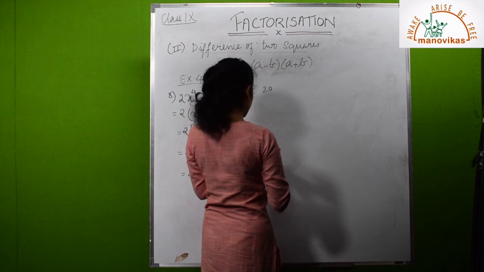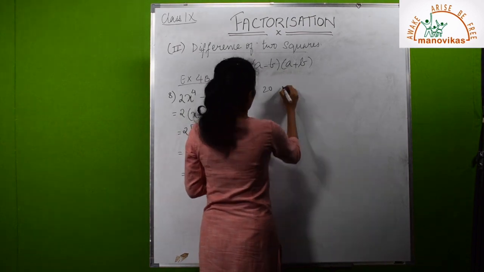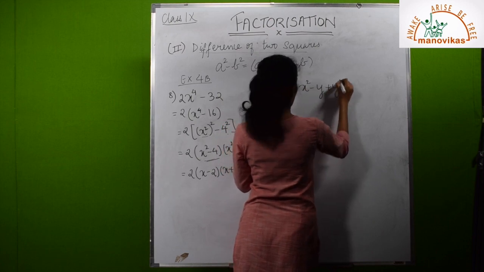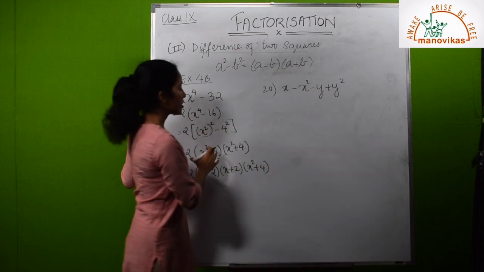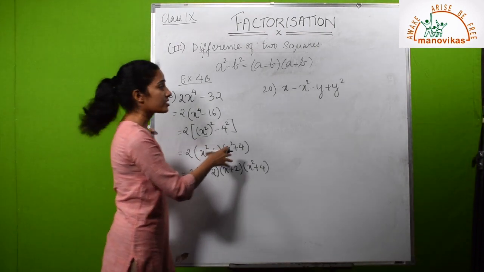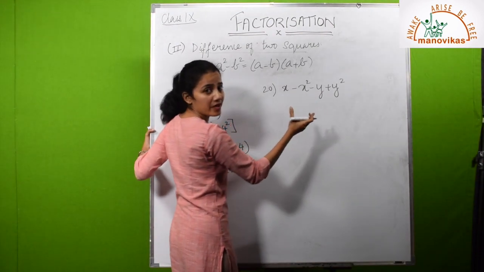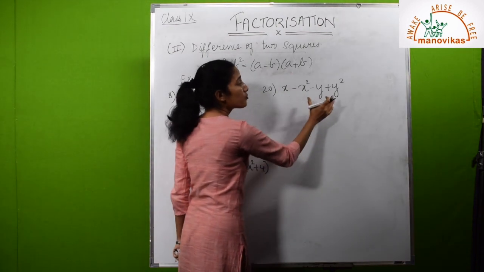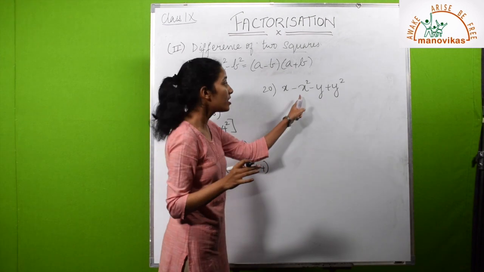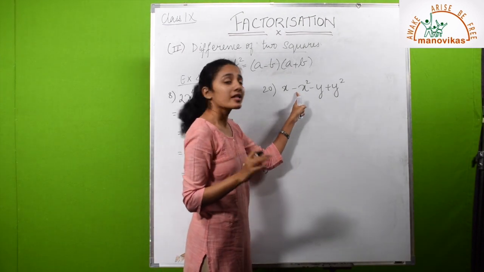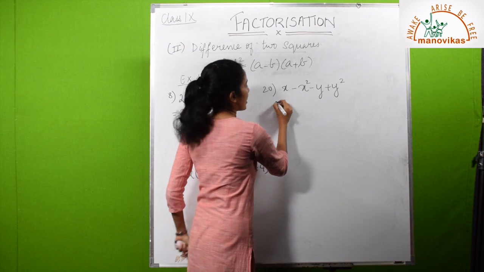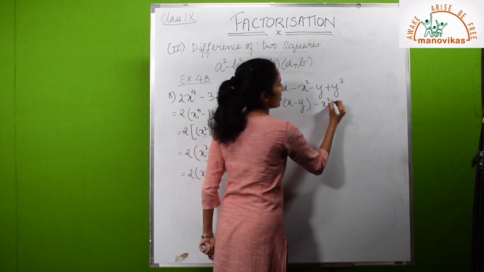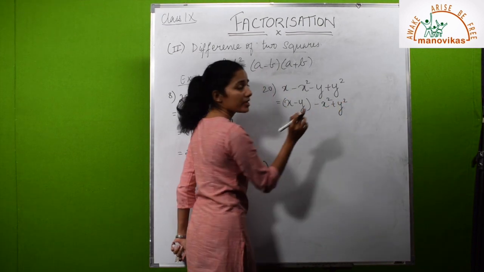Let us consider another example. Problem number 20. You have x minus x squared minus y plus y squared. If in the previous one we used taking out a common factor, in this we will be using the grouping method. So the first thing is, when there are 4 terms, you group them in such a way that in one group there are the square terms with one having a negative sign. So that will be x minus y and the next group will be of x squared plus y squared.